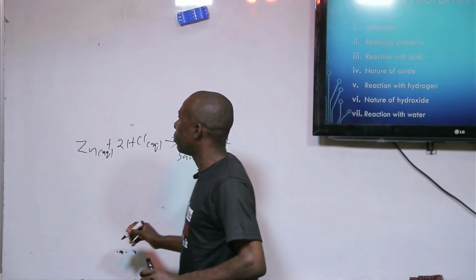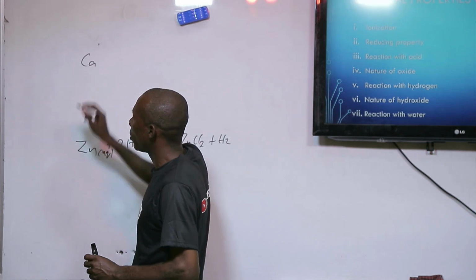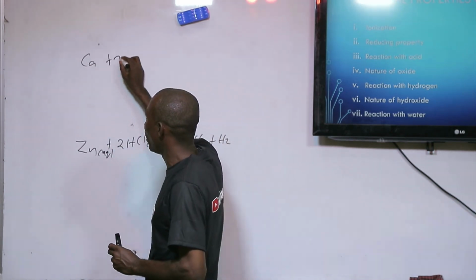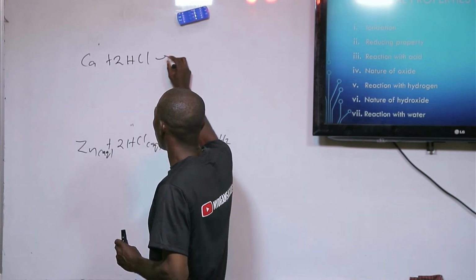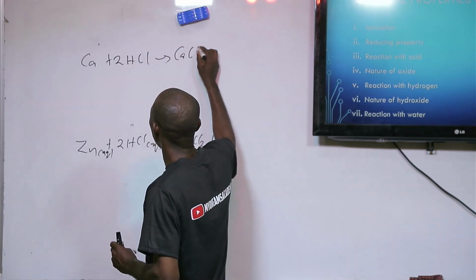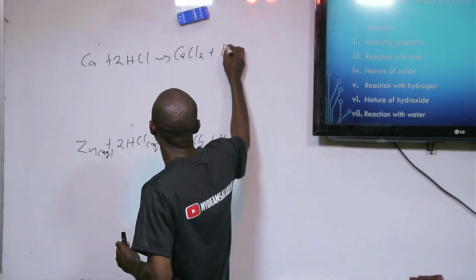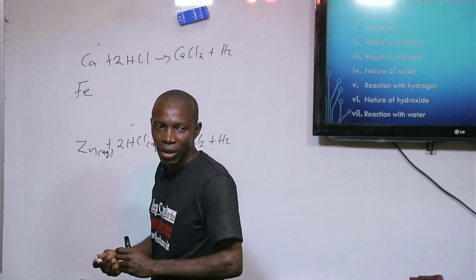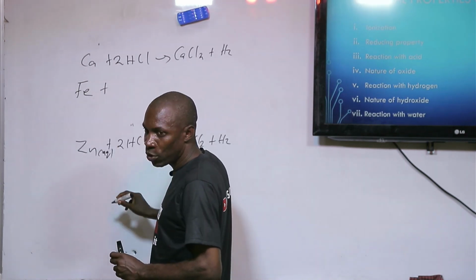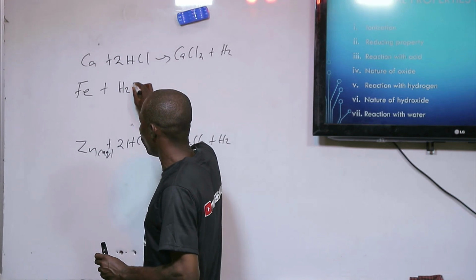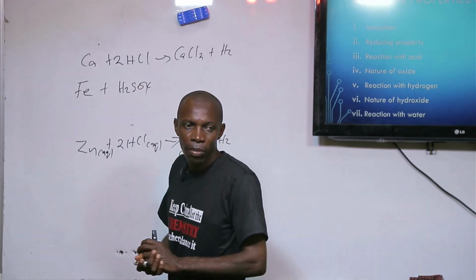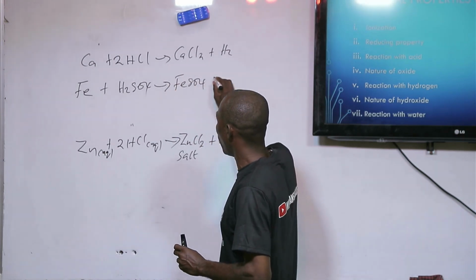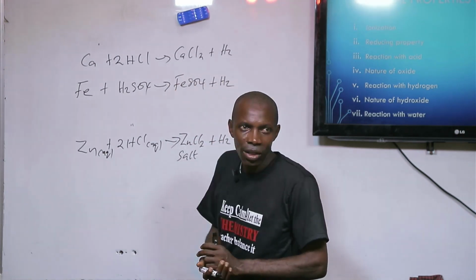If I have calcium, which is a metal, and it also reacts with hydrochloric acid, it will give me calcium chloride and hydrogen. If I have iron and dilute H2SO4, it is going to give me iron(II) tetraoxosulfate(VI) and hydrogen.